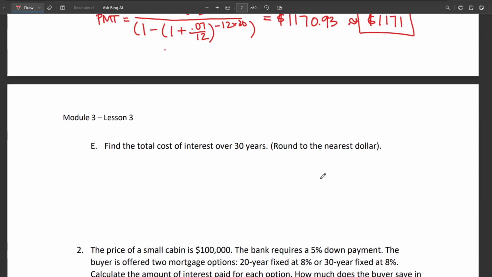So it says find the total cost of interest over 30 years. So we need to first calculate our total payments, and then we can find our interest.